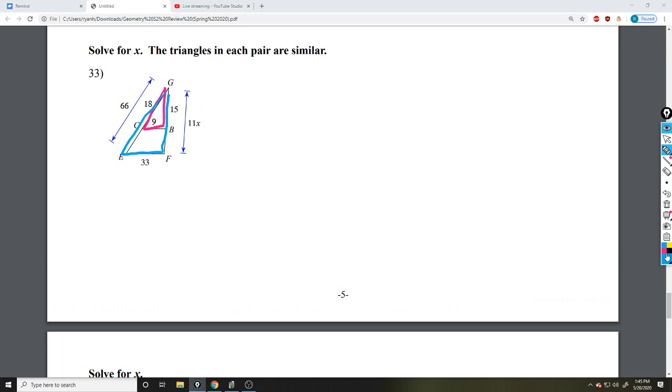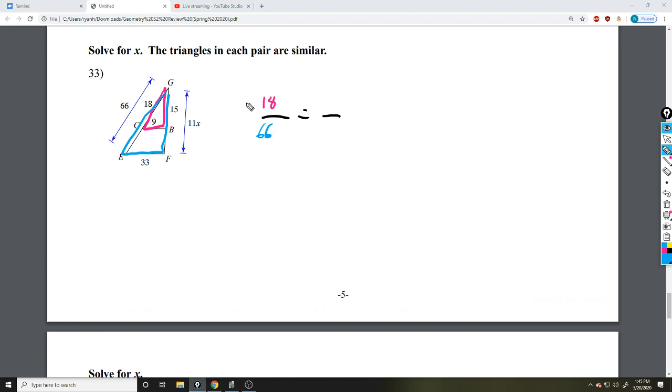All right, so we're going to set up the ratios of the sides, and we're going to say, well, if they're similar, then the ratios should match. Okay, so we'll match up our sides. We have 18 here. We've got 18 over 66.